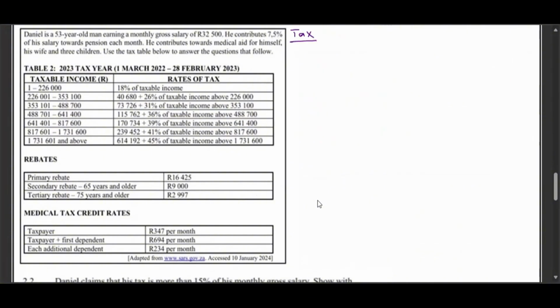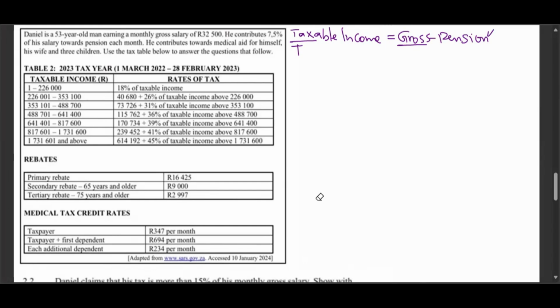Before we look for the tax, the money we are going to use has to be taxable income. You first have to look for taxable income, which is gross minus pension. And the taxable income is supposed to be annual. Already we have pension as annual, so this one has to be annual also. Let's do that and see.